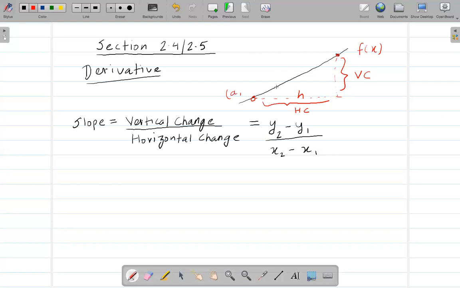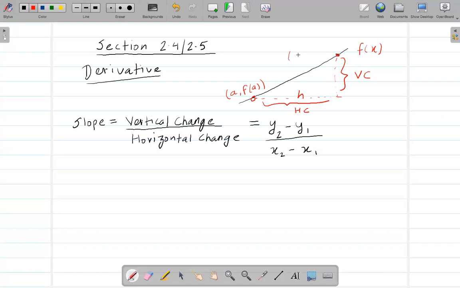Since this is the f of x line, the y value is f of a. As I said, the horizontal change is h, so the new point here must be a plus h.